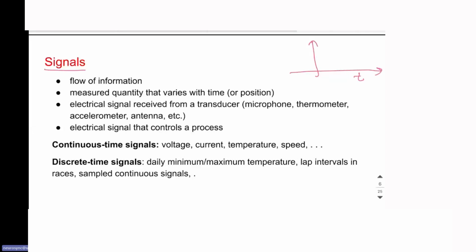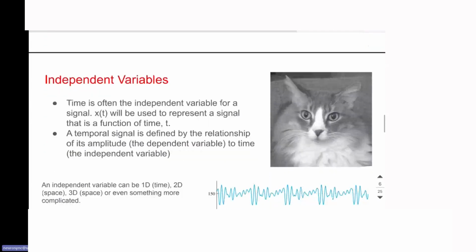This time is the independent variable, which is on the x-axis, and there is some quantity on the y-axis, which can be voltage or current if it is an electrical signal. Many a time the independent variable is time only.